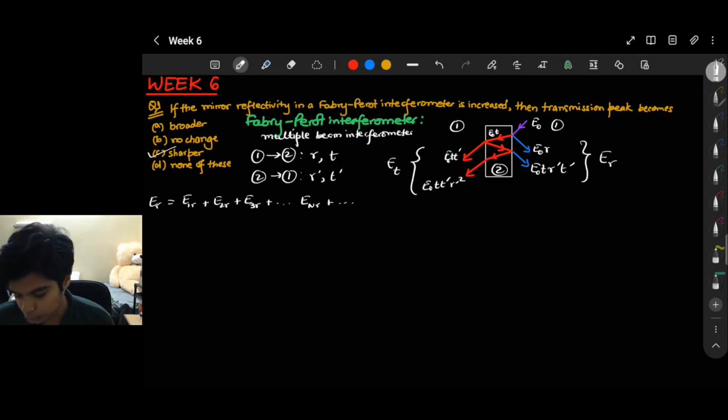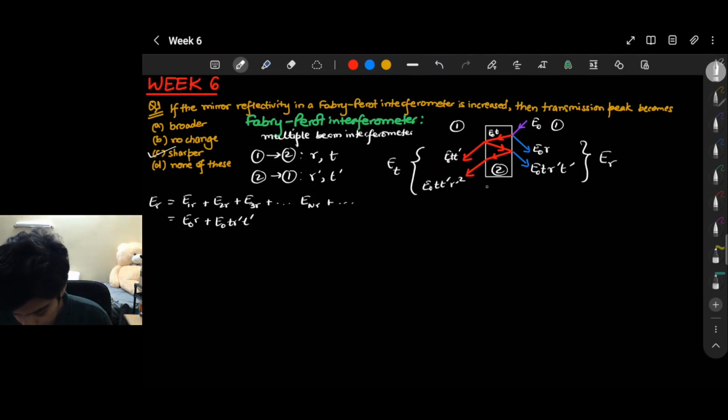Infinitely many rays would be there. So what are these? The first reflected term is E naught times R. Second term is E naught T R prime T prime.